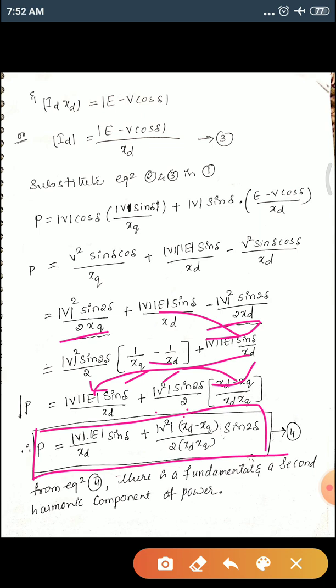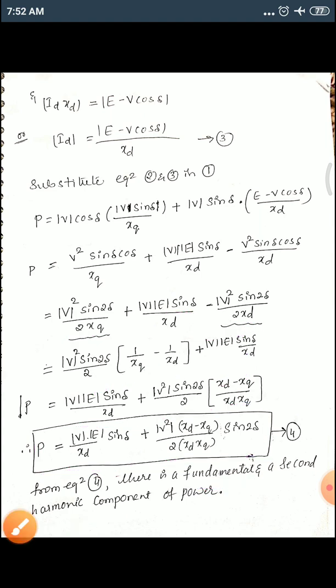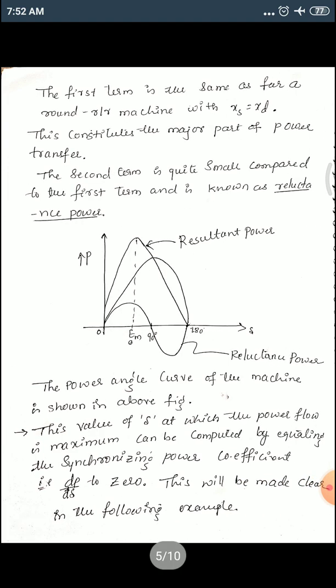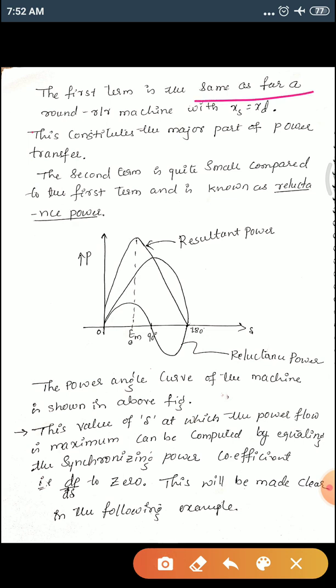The second term indicates that a second harmonic component is present. By observing that equation, we come to know this. The first term is the same as that of your non-salient pole machine, where xs is equal to xt.